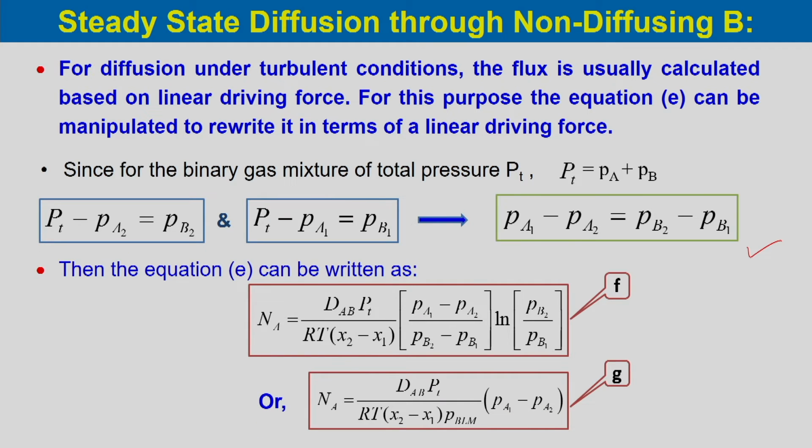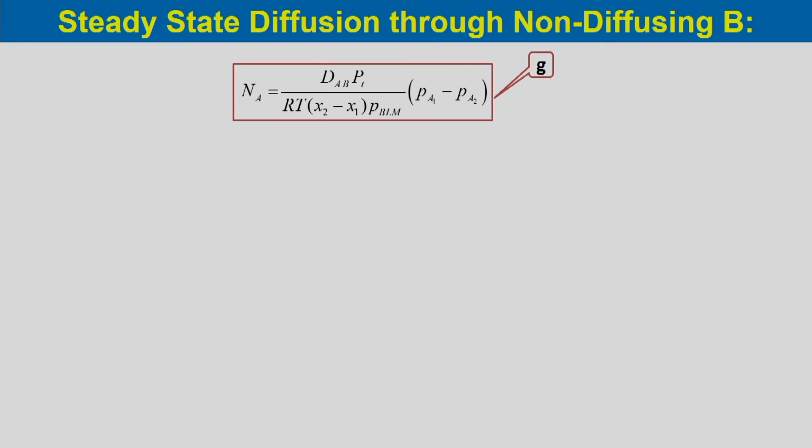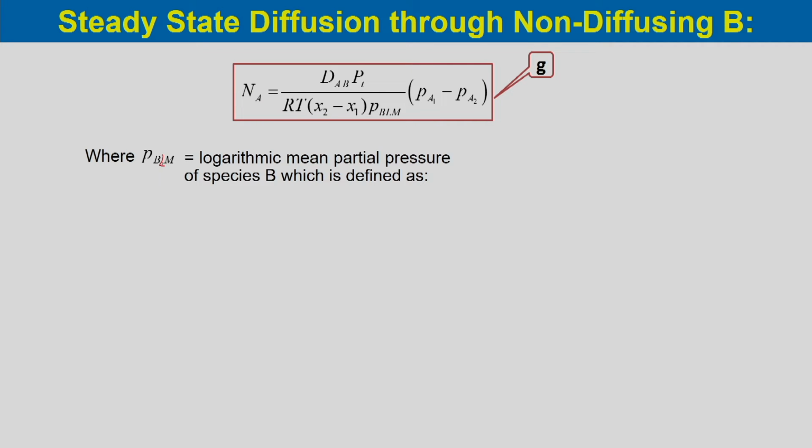So, we can rearrange this relation as NA would be equal to DAB Pt by RT x2 minus x1 Pblm into Pa1 minus Pa2. In this relation, Pblm is the logarithmic mean of partial pressure of species B, which is defined as Pblm is equal to Pb2 minus Pb1 divided by ln Pb2 by Pb1.